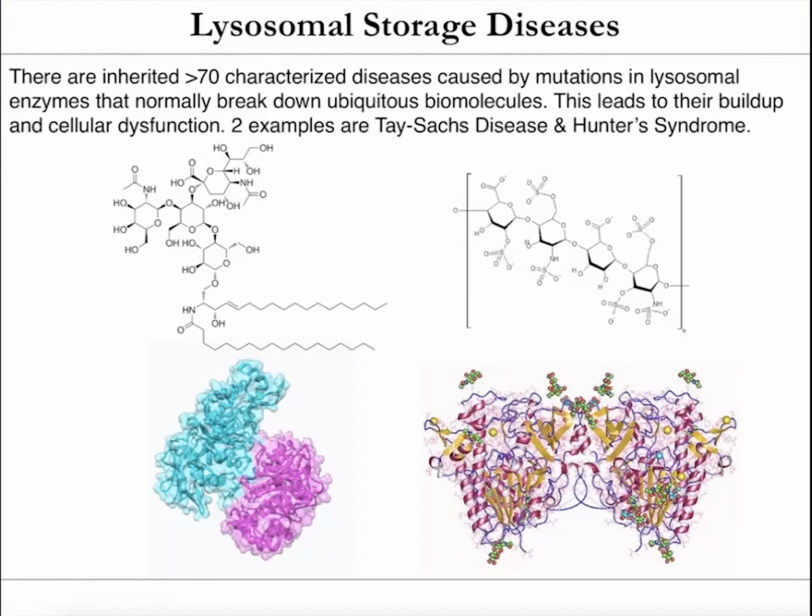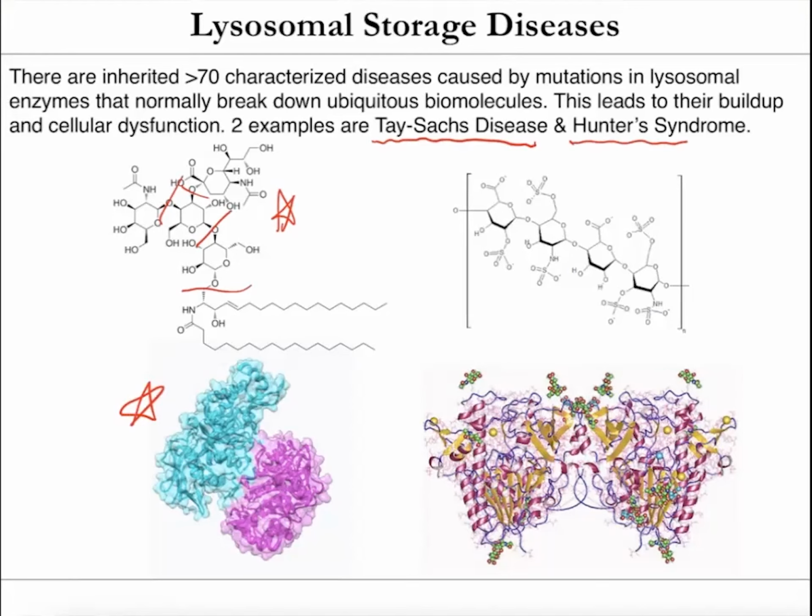So two examples of this. One is Tay-Sachs disease, and that is a result of a mutation in an enzyme that breaks down this molecule right here, which is a ganglioside. This enzyme will break these bonds here, or specific bonds in there, in the lysosome so that you can use that molecule for something else. Unfortunately, if you have a mutation, that leads to buildup and then really, really bad disease manifestations.